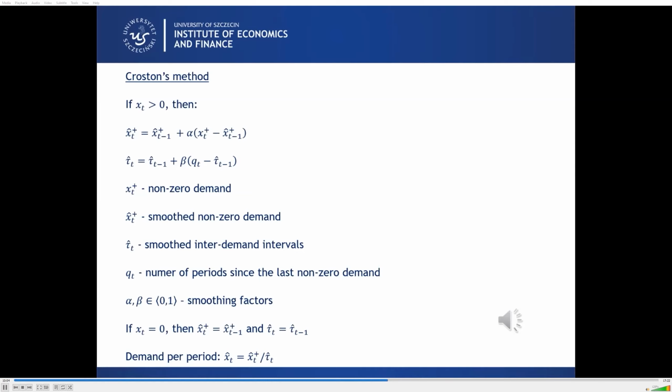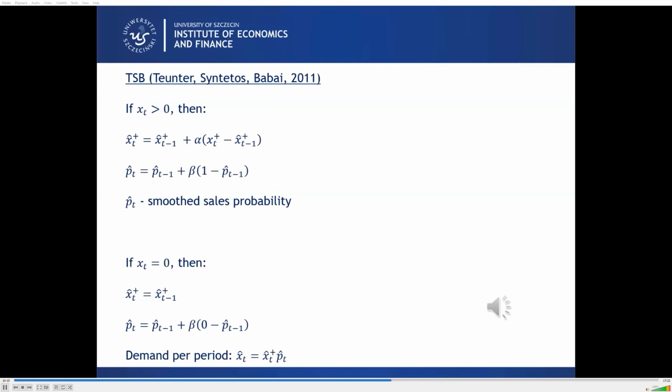On this slide, you can see the formulas. The TSB method was proposed by Teunter, Syntetos, and Babai in 2011. It is similar to Croston's method, but instead of inter-demand intervals, we have the probability of sale, which is better because this probability could be updated also in periods with no sales.